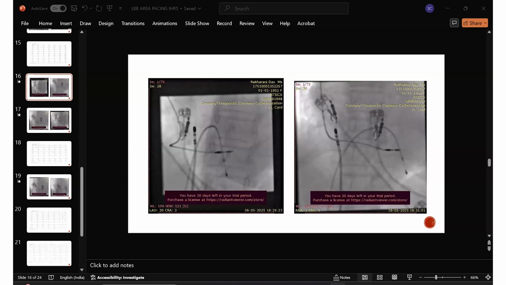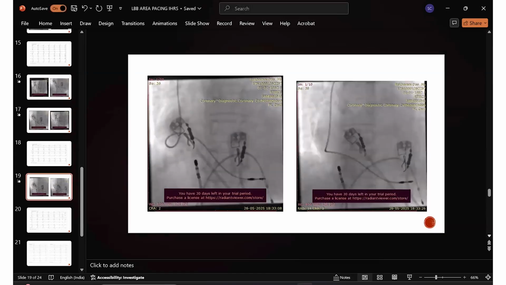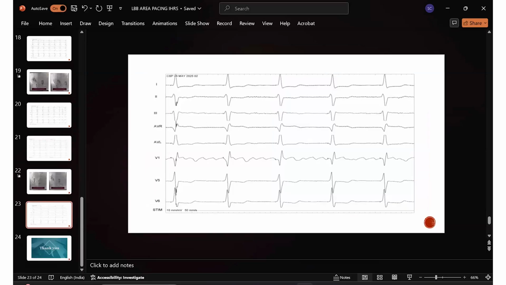And the other issue we all know is with lead fractures, which are more common with the stylet-driven leads, and in fact more common with the Biotronik, because if you handle the Biotronik leads compared to the other leads, you would see the junction between the anode and the lead helix.